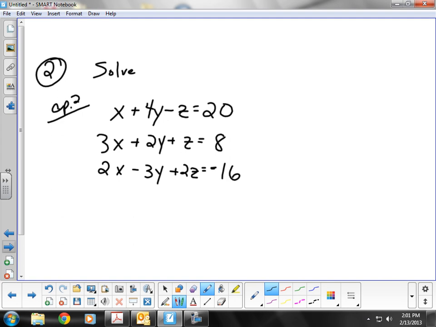Okay? We're going to do one of those in a second where one of the terms is missing. Actually, having terms that are missing causes us less work. We don't have to do quite as much work. I'll show you in a second.